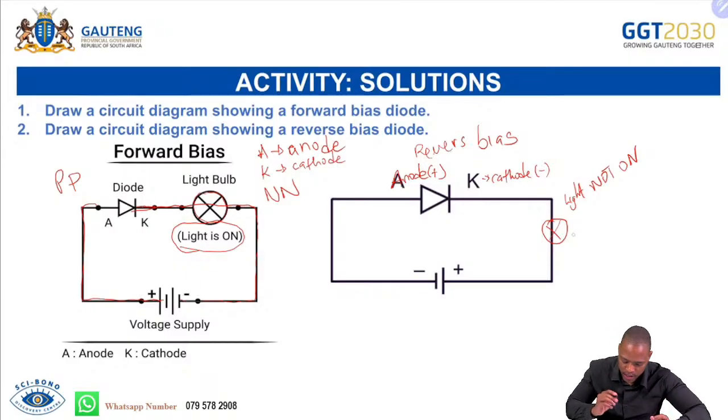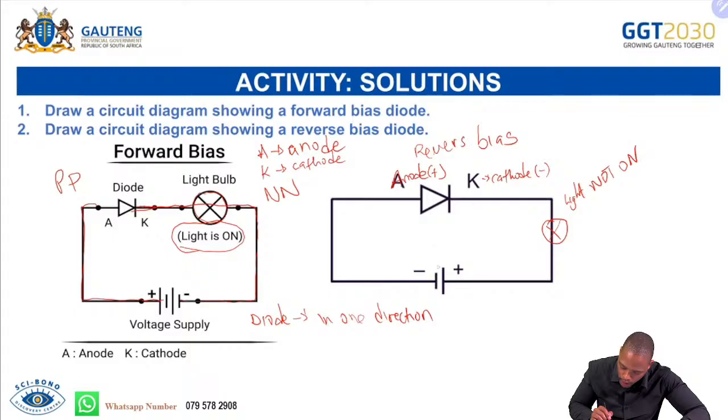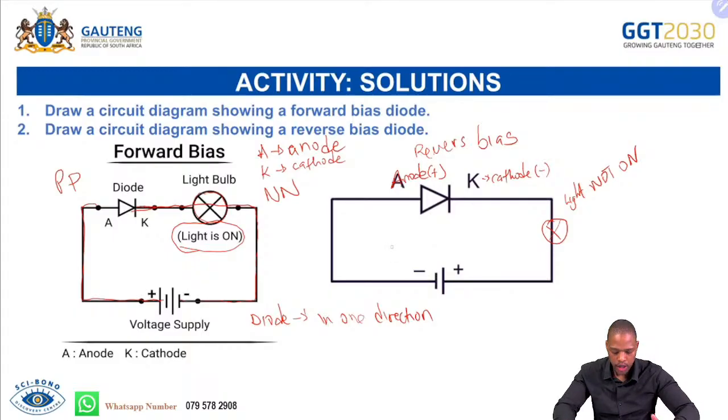So this emphasizes what we defined a diode as. If you remember, we said a diode is a device that only conducts electricity in one direction. So this device conducts electricity in only one direction. So if you connect it in this direction, there will be no electricity conduction, or electricity will not be conducted then.